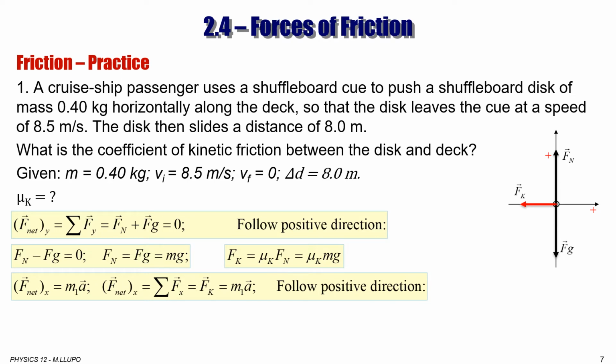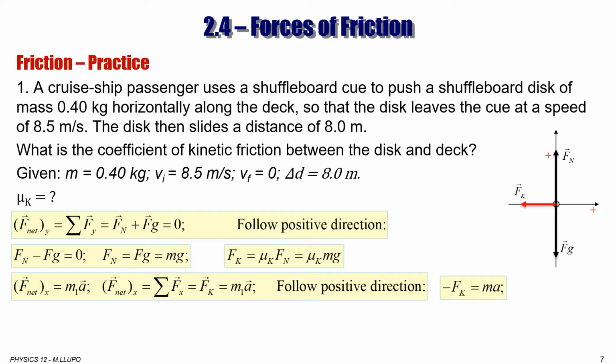X-axis is accelerated motion, second Newton law. So sum of all forces is equal to ma. F net x is equal to the sum of all forces. On the x-axis we have only one force, the kinetic friction, which is equal to ma. So since the positive direction is the direction of the motion, Fk is negative.